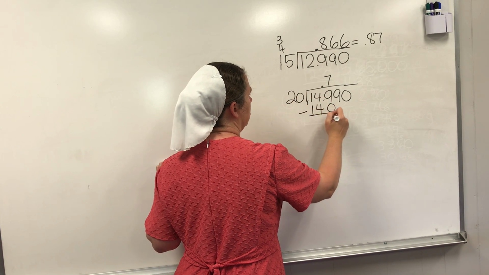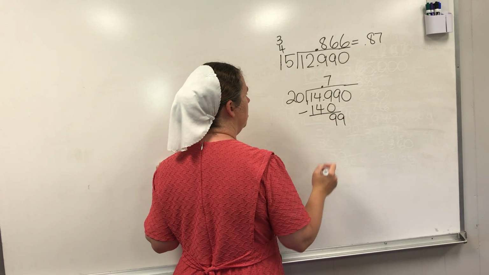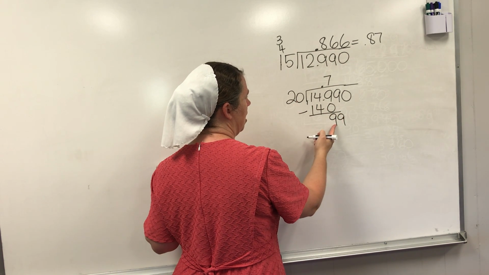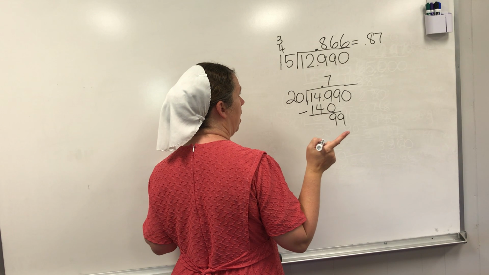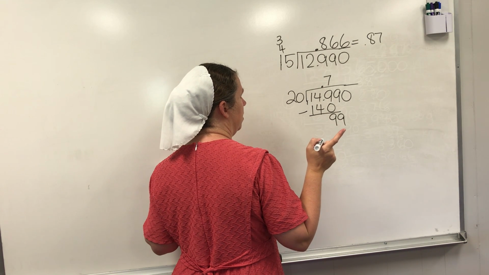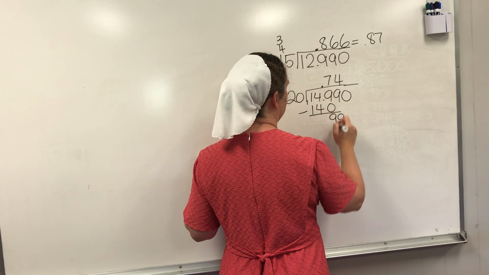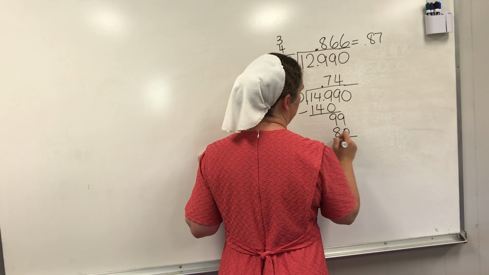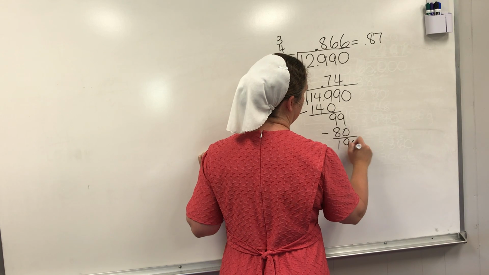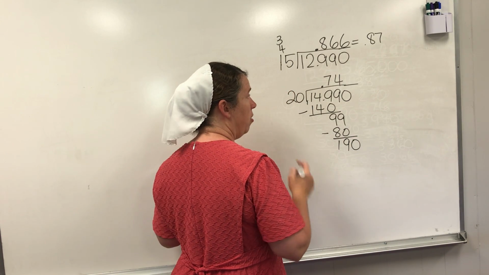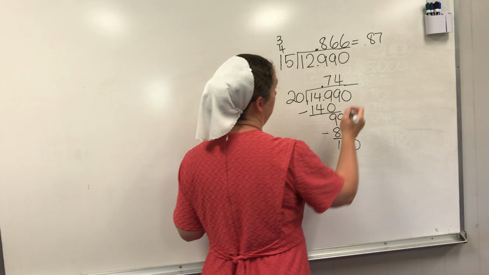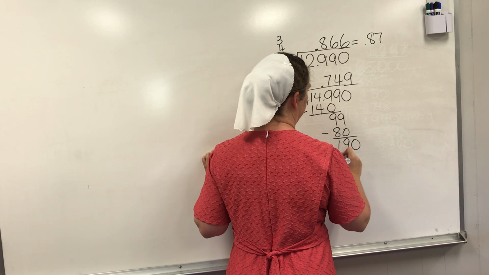Let's subtract. Drop your 9. 20 goes into 99. About, Delcy, what do you think? 3 times is 60. 4 times is 80. Subtract. Into 190 is going to be about 9.